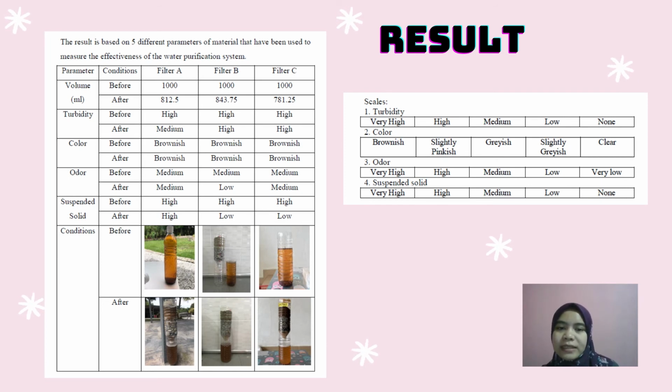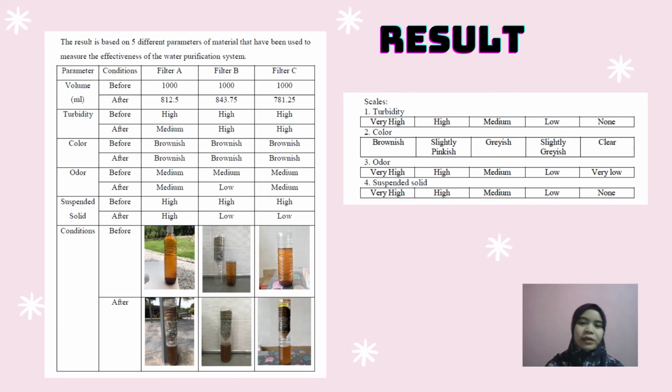The next parameter that we measure is odor. Filters A and C show no change in odor, and for filter B, it was medium before and low after. And lastly is suspended solid. For all 3 filters, suspended solid was high before.